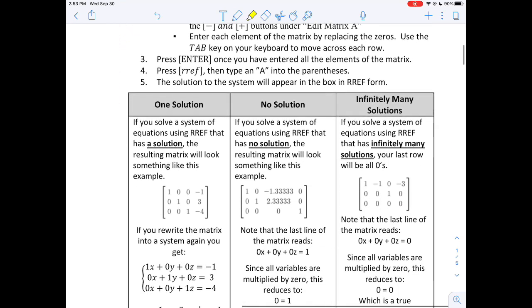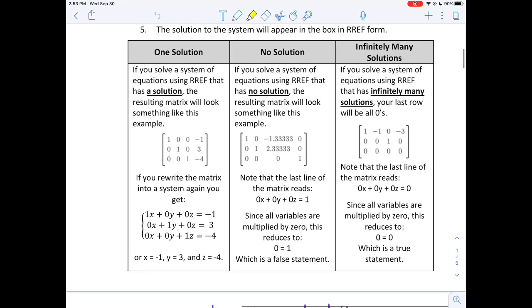I do want to go ahead and show you what our solutions are going to look like. In the scenario where we actually have a solution, how you're going to know that is you're going to have this diagonal row of ones. If you have this diagonal row of ones, this is our solution. -1 is the x, 3 is the y, and -4 is the z.